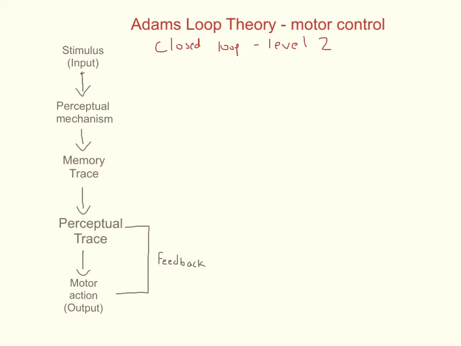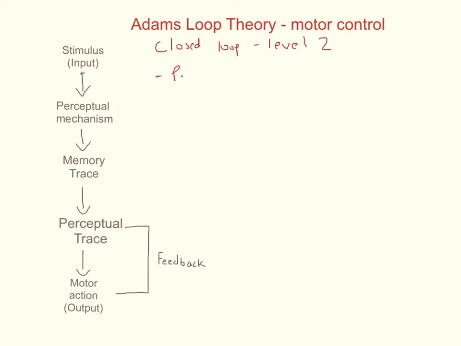Now you can see here that we've got a similar model to the one in the open loop. However, there's this significant difference of a perceptual trace. Now the perceptual trace, this is going to be your first mark.